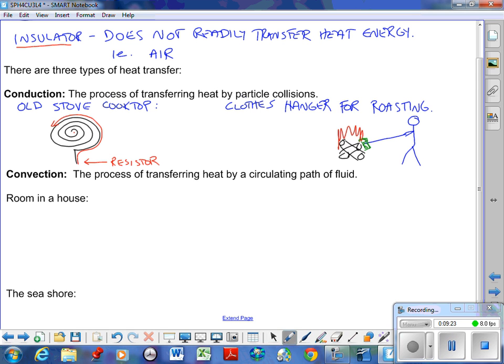What happens is that steel rod heats up and it moves up toward your hands and can potentially burn them. All right, so there's the first type of heat transfer, the old conduction method.